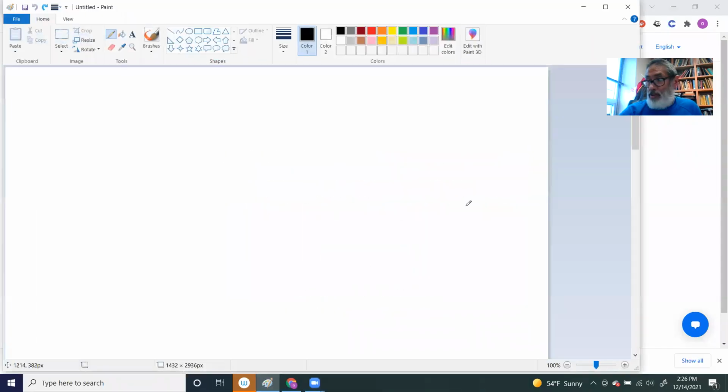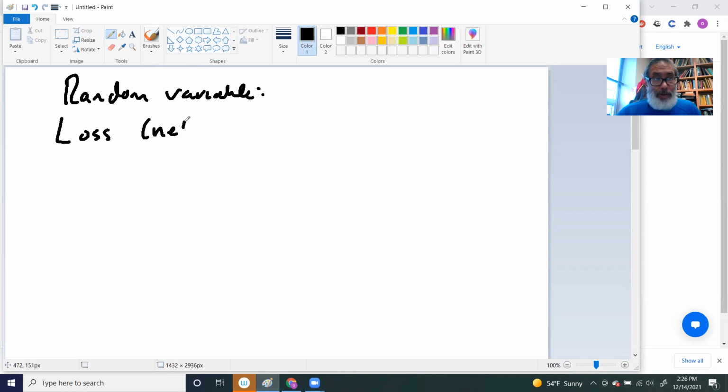And we'll go ahead and start with this. So this is the idea. The random variable in question I'm going to talk about will be the loss random variable. And we'll be doing with net loss, meaning expenses are not considered.